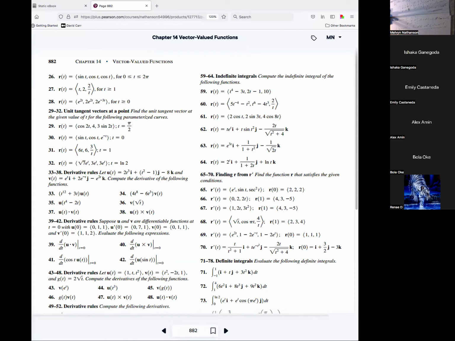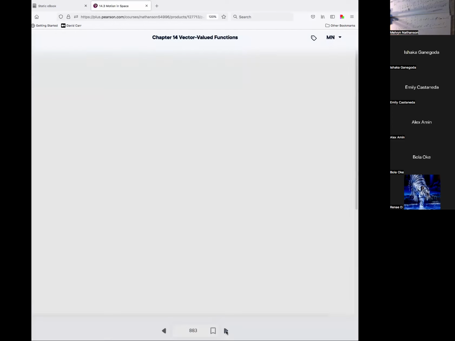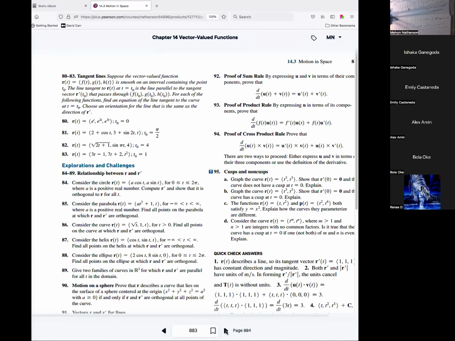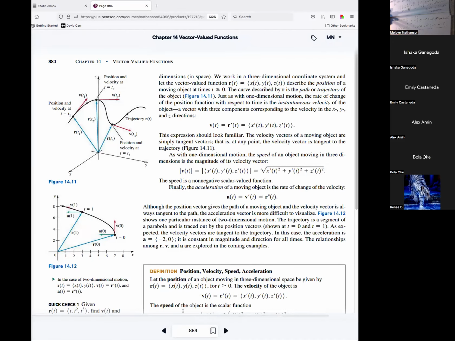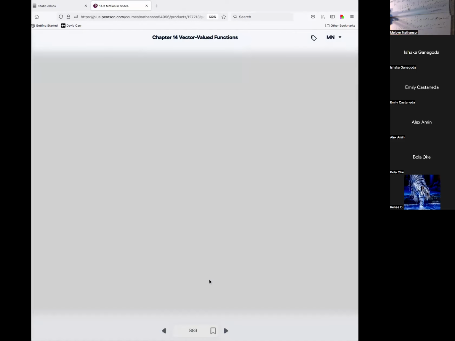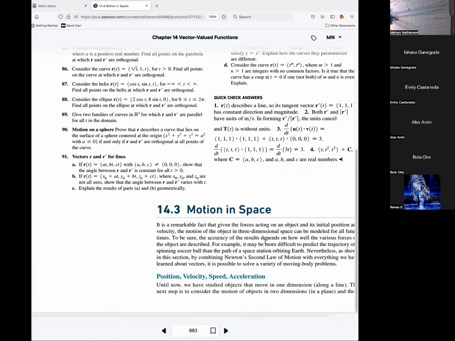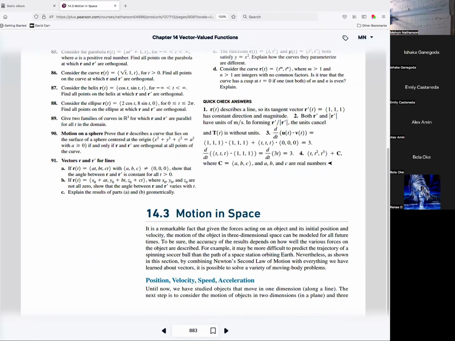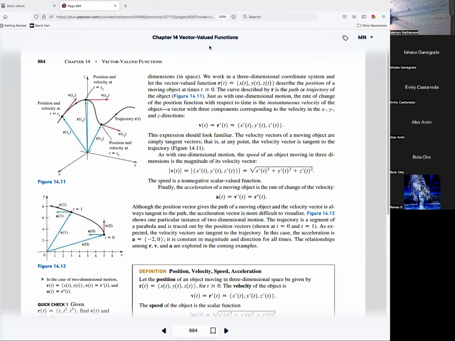So there's an important physical interpretation for the first and second derivatives of a vector valued function. If you have the position of the particle given by a vector valued function r of t, the derivative is called the velocity.